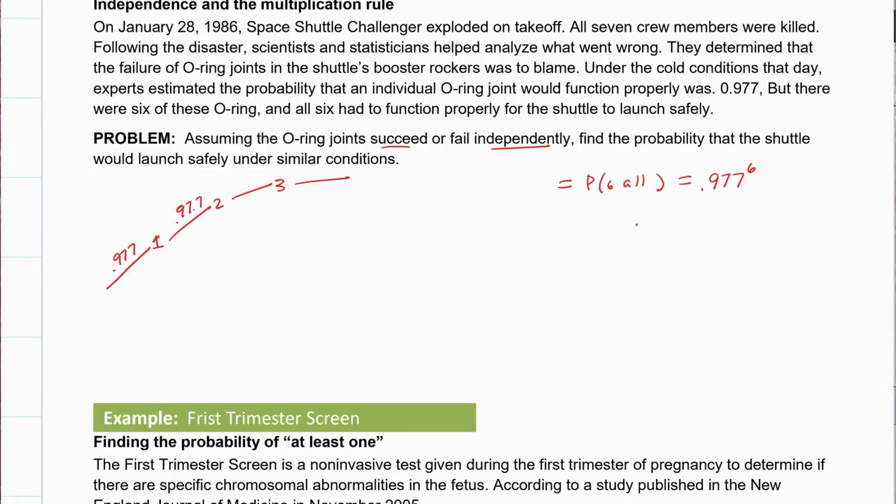Now, what number is that? 0.977 to the sixth power ends up being 86.97%. All right. Our conclusion, the shuttle had a 86.97% chance of launching properly.